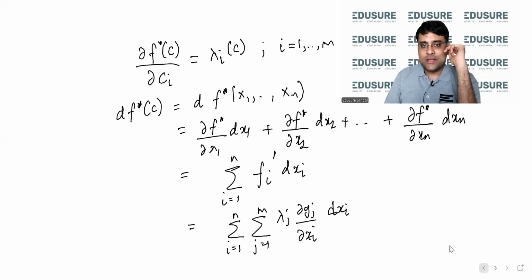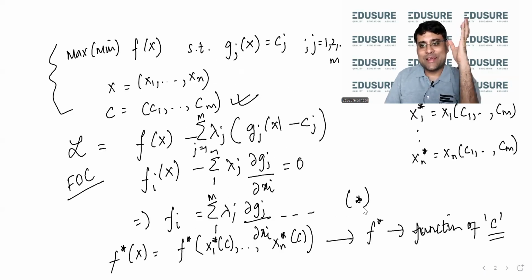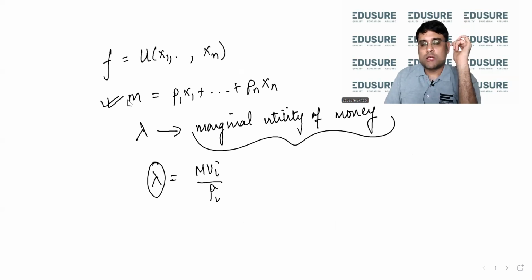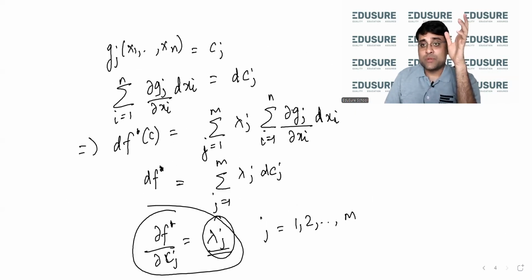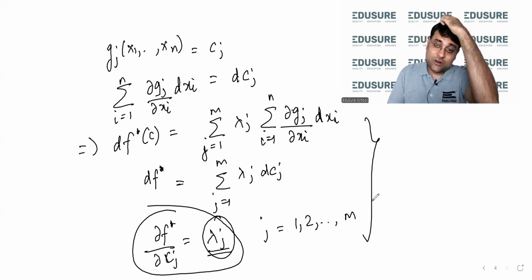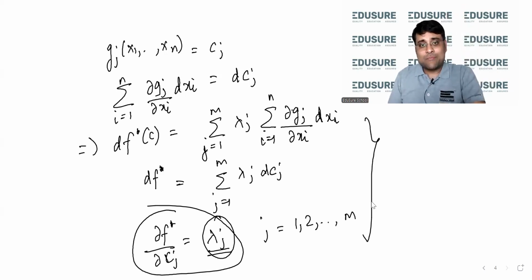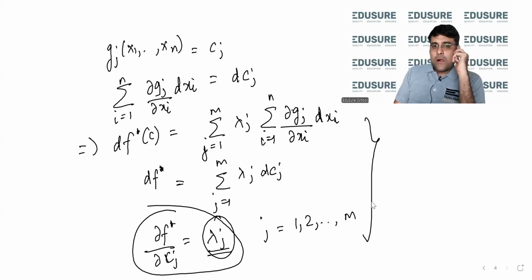And the economic interpretation, when it comes down to a utility function and a budget constraint, is very simple. It's the marginal utility of money. In other examples, it will be something else. But what it basically gives us ultimately is, in economics, this lambda is nothing but the rate at which the optimal value of the objective function changes with respect to the constant.